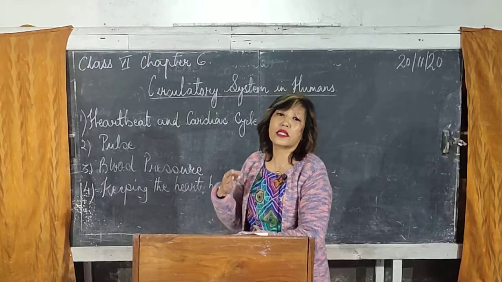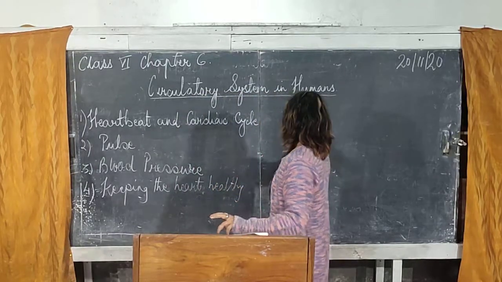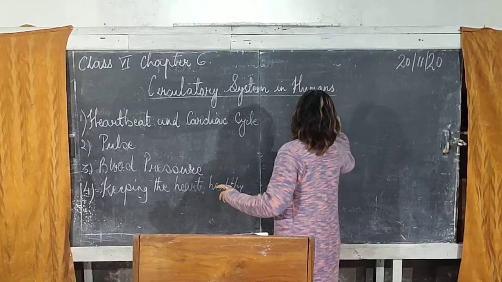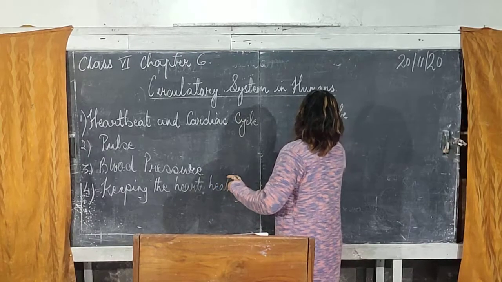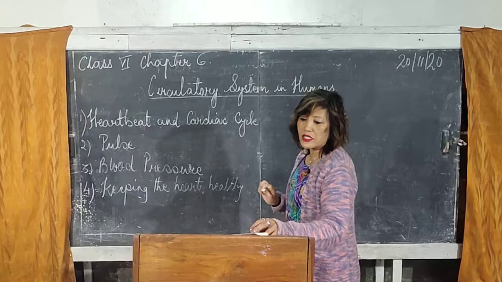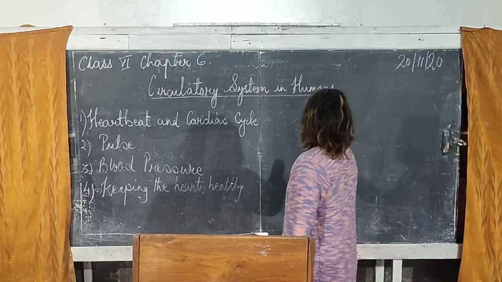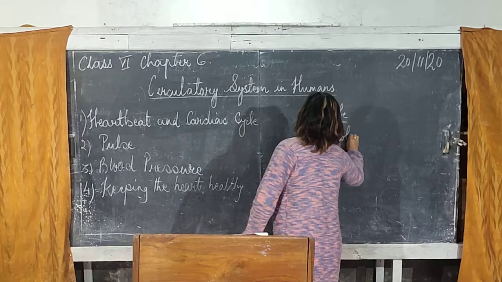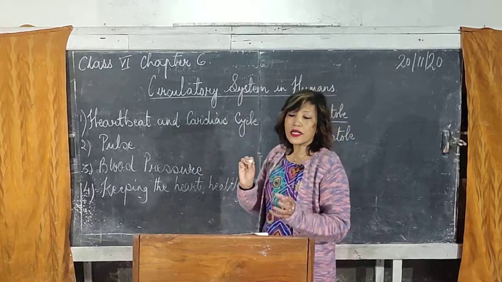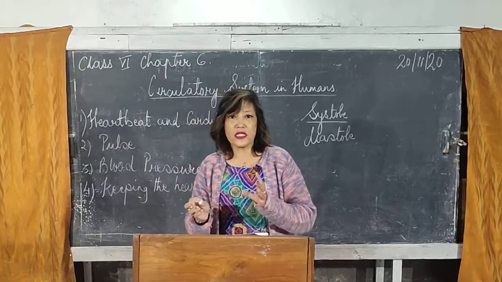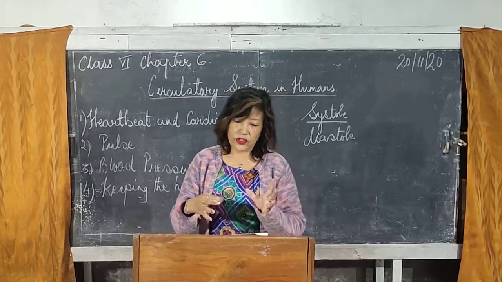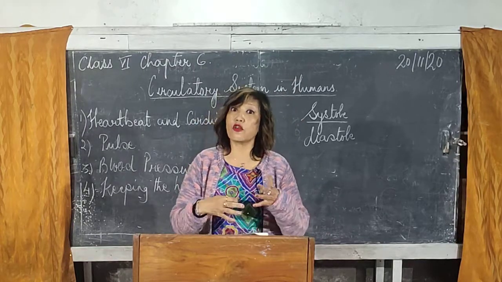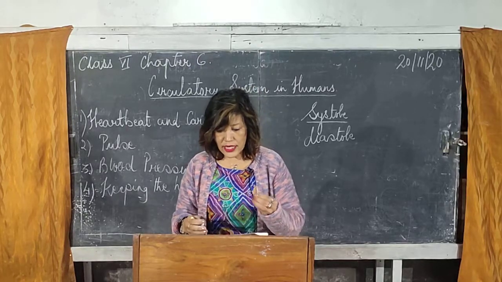The contraction of the heart muscle is called systole, S-Y-S-T-O-L-E, and the relaxation of the heart muscle is called diastole. So the cardiac cycle involves systole and diastole.